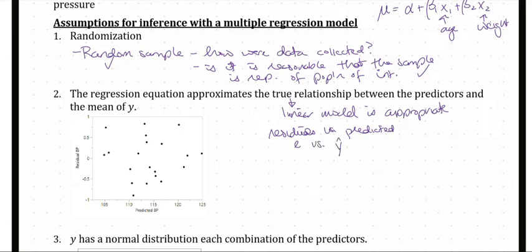Well, we're going to do the same thing here. So on here, I've got my residual blood pressure, and I've got my predicted blood pressure. So I've got my residuals, my e_i, the residual for each observation, versus the predicted blood pressure for each observation. And what we want to make sure is that there are no patterns.